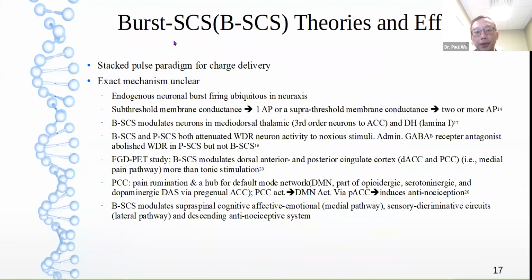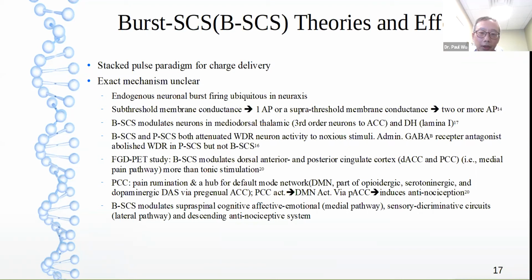Burst spinal cord stimulation is a relatively new discovery within the past two decades. It's a stacked pulse paradigm for charge delivery. The exact mechanism of burst spinal cord stimulation is unclear. There's endogenous neural burst firing, which is ubiquitous across the neural axis.